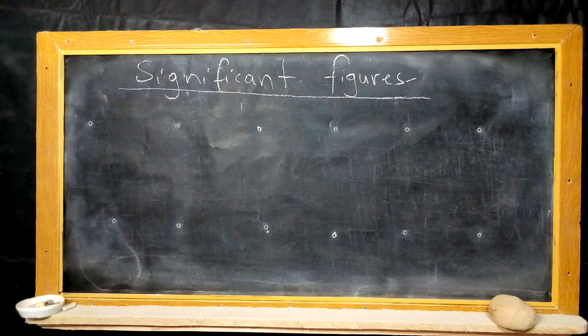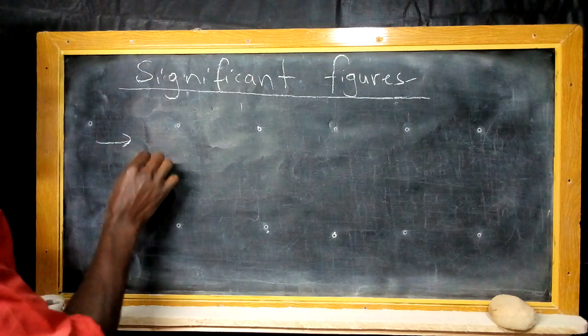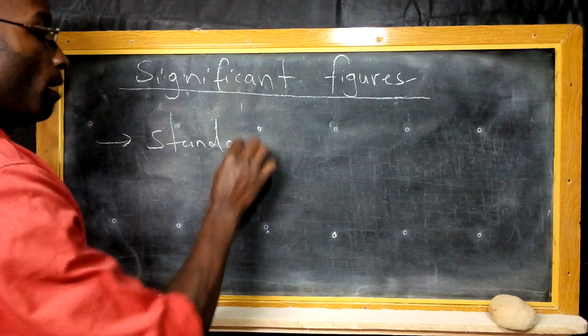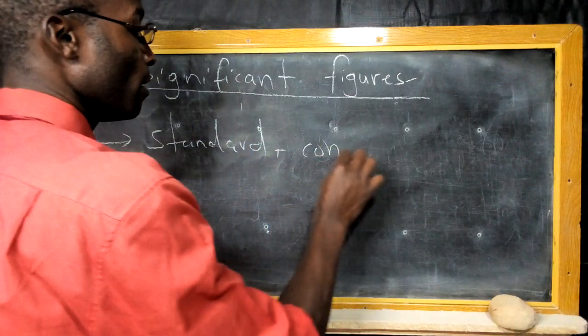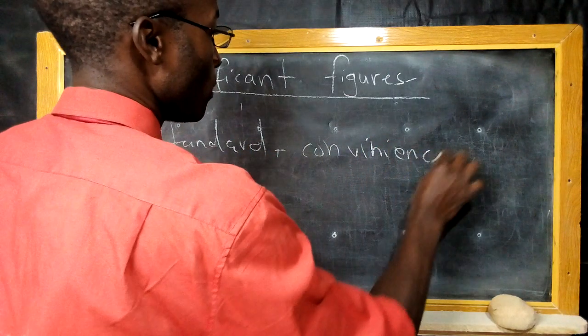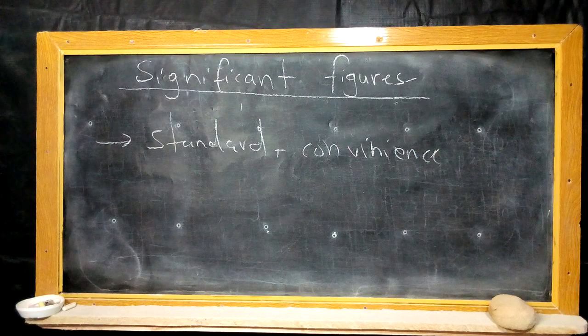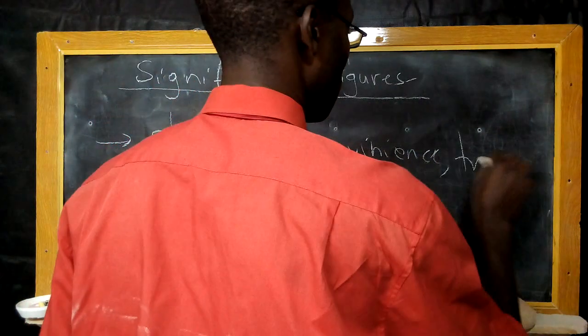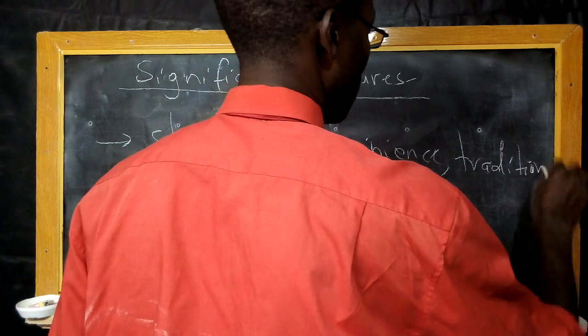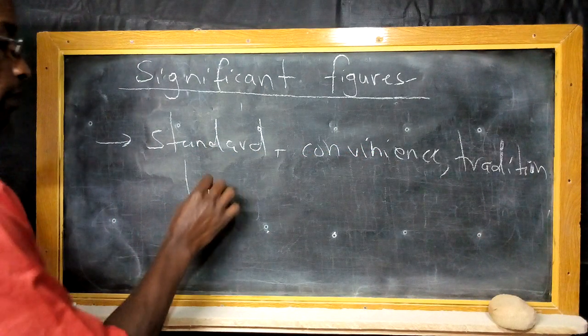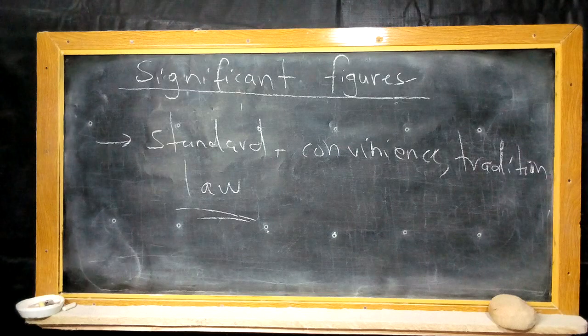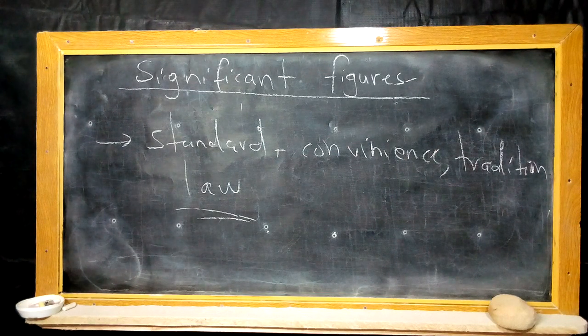The choice of these standard units depends on convenience, maybe the tradition of a particular region, and even the existing laws of that region or land. So there are different units which are applicable, and we are going to come across these in chemistry, physics, and even in mathematics.